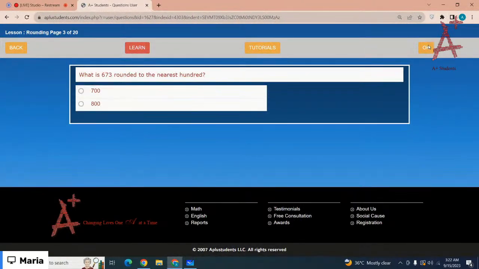Okay, the next one is, what is 673 rounded to the nearest 100? Which 100 is it? 700 or 800? Which is the correct option? You have to round at the hundreds digit. The 100 digit is 6.